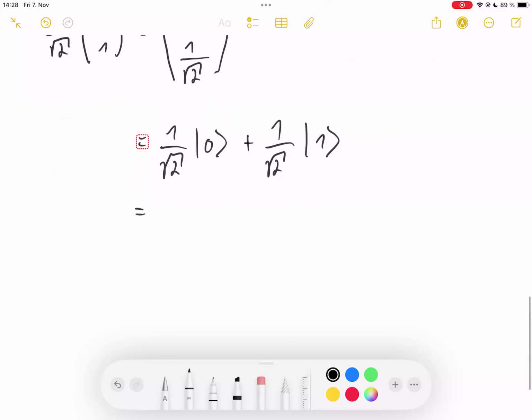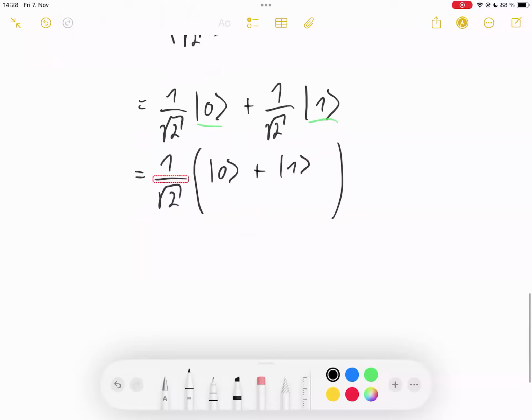We could move this factor 1 divided by square root of 2 out, because both the 0 cat and 1 cat have the same factor. So we could say 1 divided by square root of 2 times 0 cat plus 1 cat, just the same.